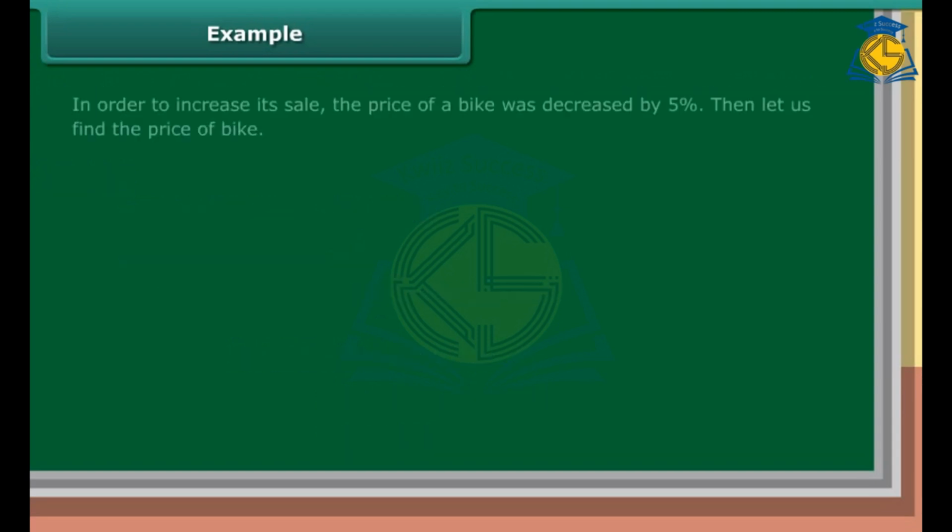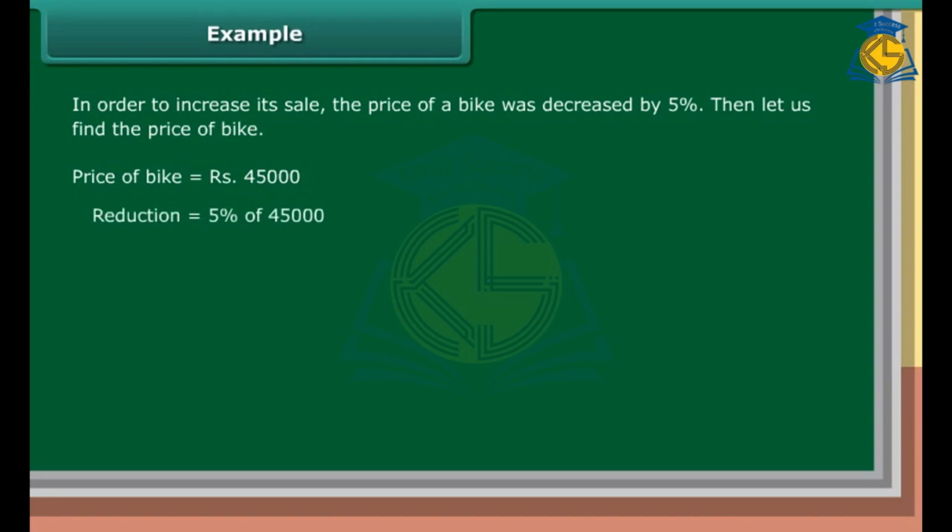₹54,000. In order to increase its sale, the price of a bike was decreased by 5%. Then let us find the price of the bike now. Price of bike is equal to ₹45,000. Reduction is equal to 5% of 45,000, which is equal to 5/100 into 45,000, which is equal to 2,250.